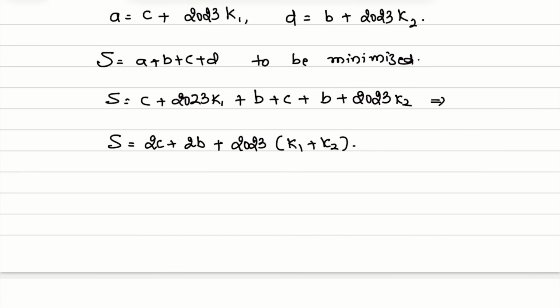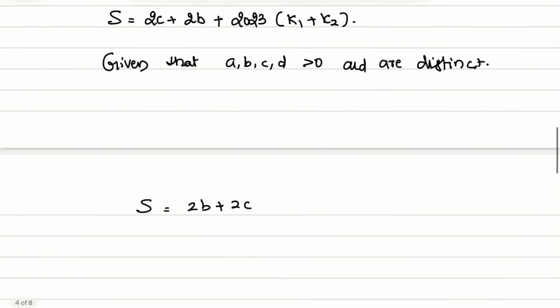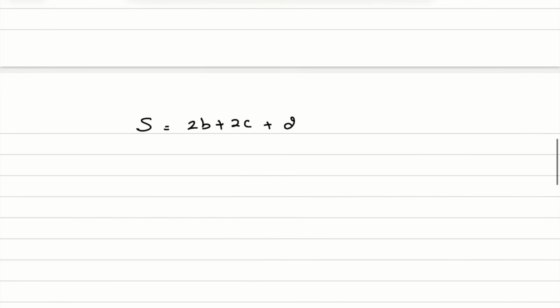Here, given that A, B, C, D are greater than 0 and are distinct, and S to be minimized, S is equal to 2B plus 2C plus 2023 into K1 plus K2.